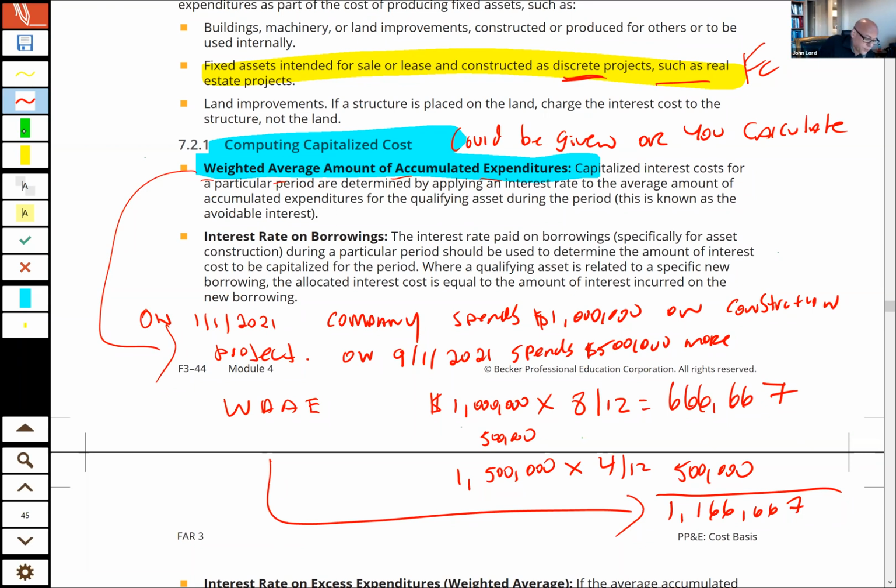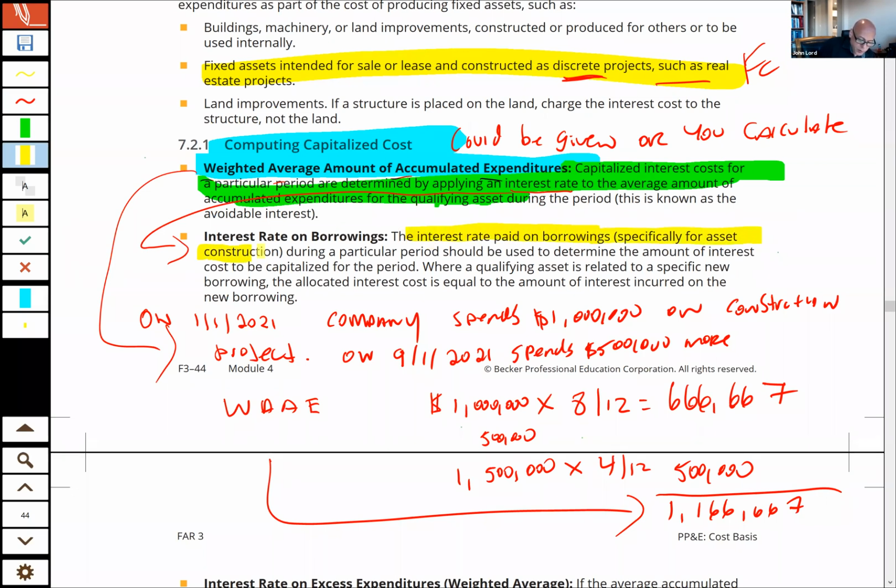Okay, now once I have that weighted average of accumulated expenditure, then I have to apply an interest rate to that. Now, we say qualifying asset meaning it's not routinely manufactured inventory. It's something I'm making to specifics for my own use or for somebody else's use. But when they say an interest rate, then you say to yourself, well, what interest rate should I use? And you should use the interest on the specific borrowing for the construction.